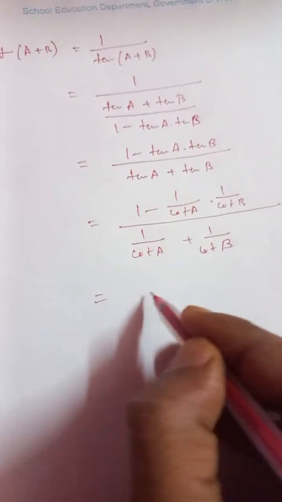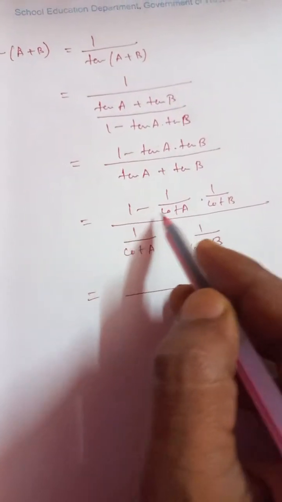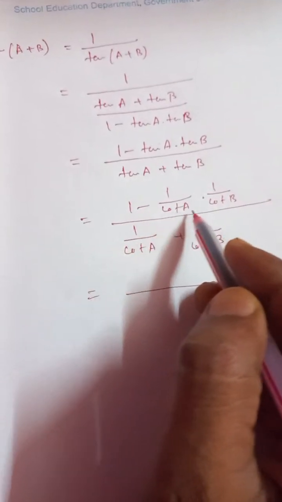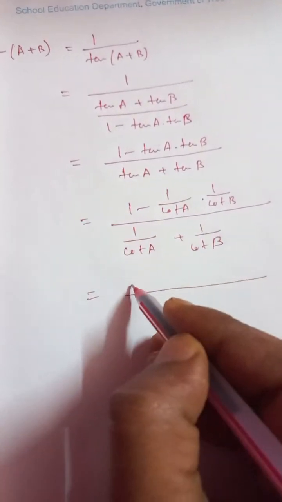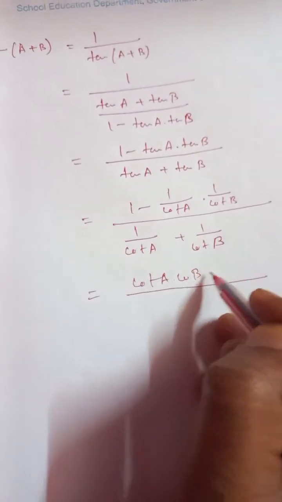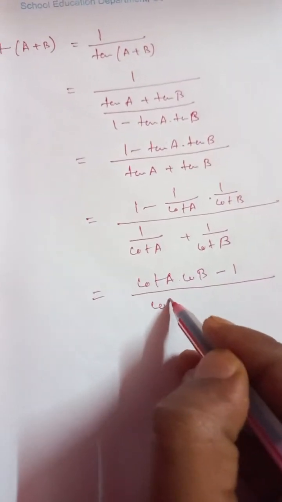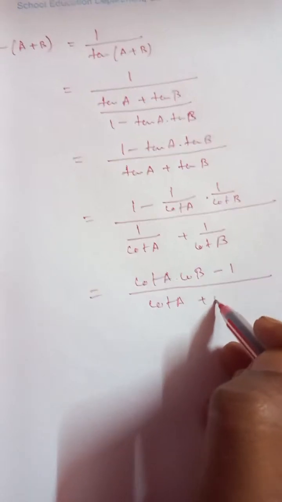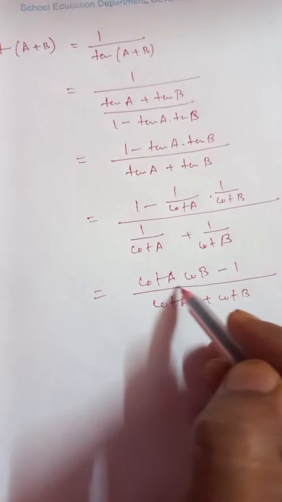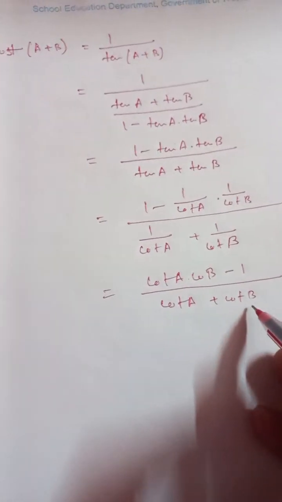So if we take the denominators as LCM, this will be cot a cot b minus 1, and here it will be cot a plus cot b. By solving this, we will get cot a multiplied by cot b minus 1 by cot a plus cot b.